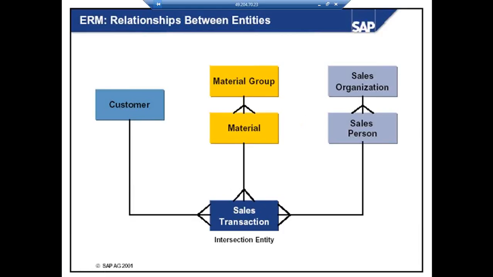Material group on its own is an entity, but it's an attribute for material. And more importantly, this material is involved in the transaction but not the group directly. Similarly, salesperson is involved in the transaction but not the sales organization directly.